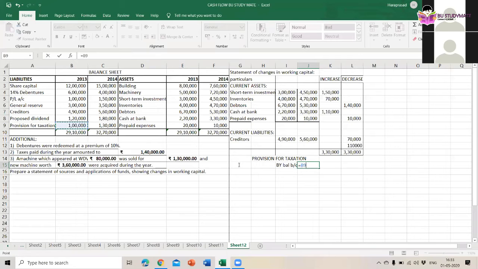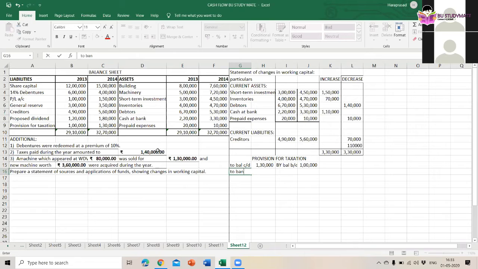To balance carried down 1,30,000. So we have paid the taxes 1,40,000. So you'll write down here to bank account. How much have we paid? 1,40,000 rupees.